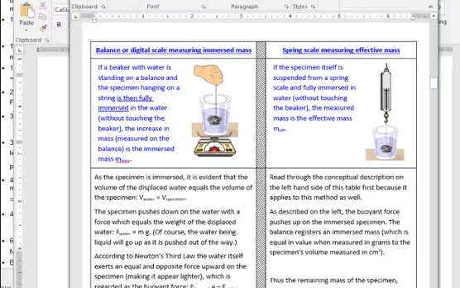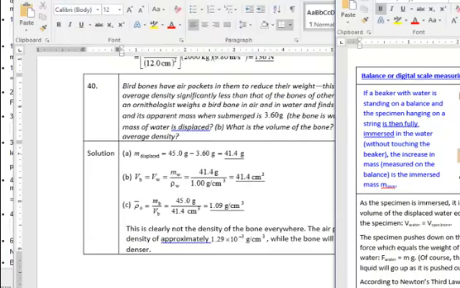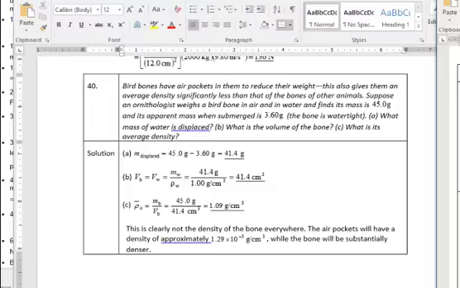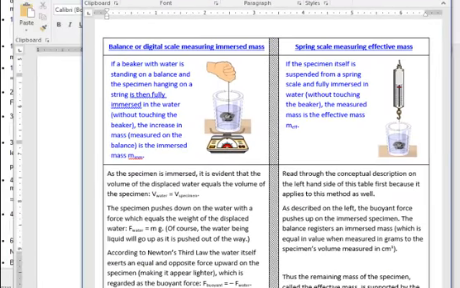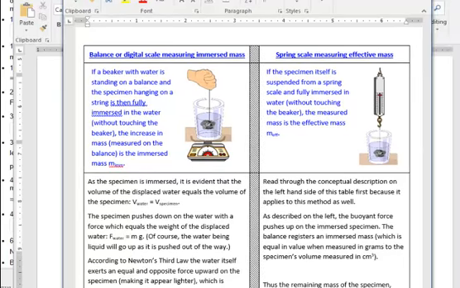In my physics lab, I have this particular experiment in order to determine what is called the immersed mass or effective mass, and I think it's called the apparent mass here, which is on the left. So for the apparent mass, I'm sorry, it's the effective mass, it's on the right.